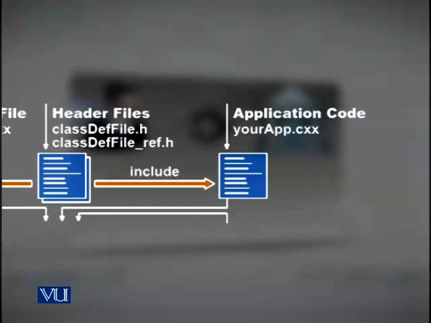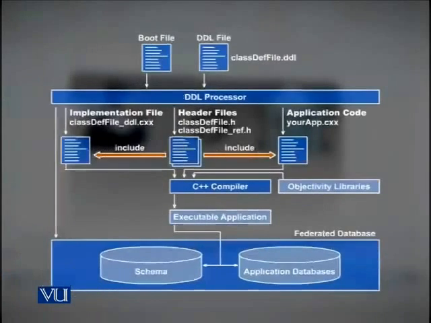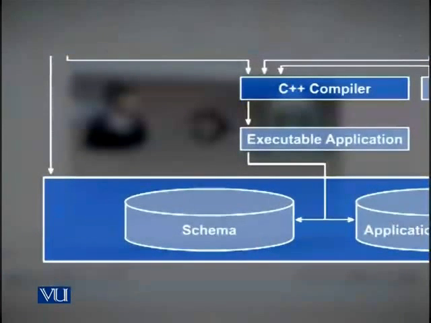This box represents your own application program. And here you can see your app.cxx, the file that you create for your application, where you use the .h files that have been created by the DDL processor. Then this application file plus the header files plus the implementation file, all these four files are given to the C++ compiler.